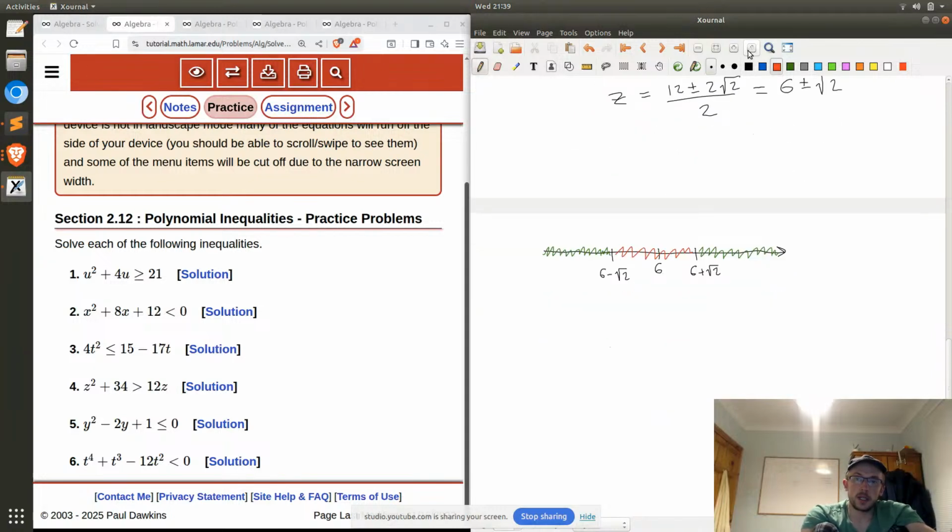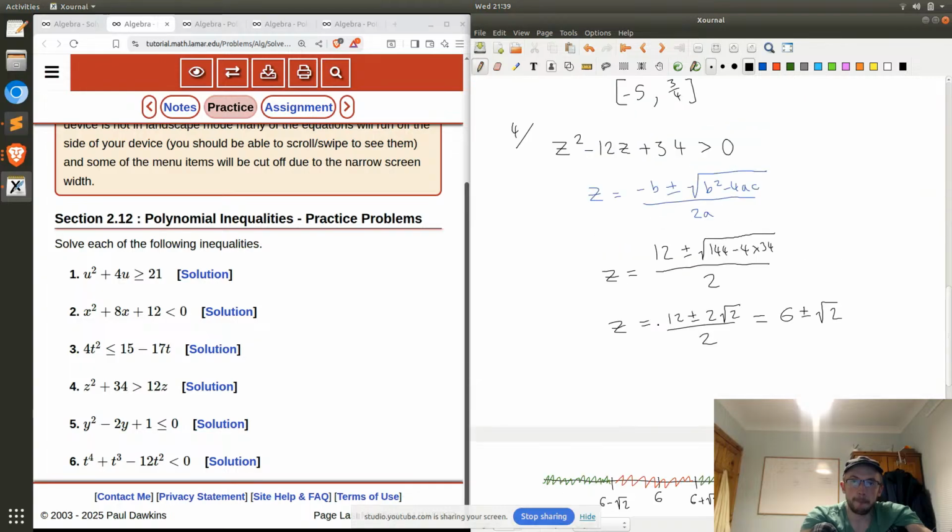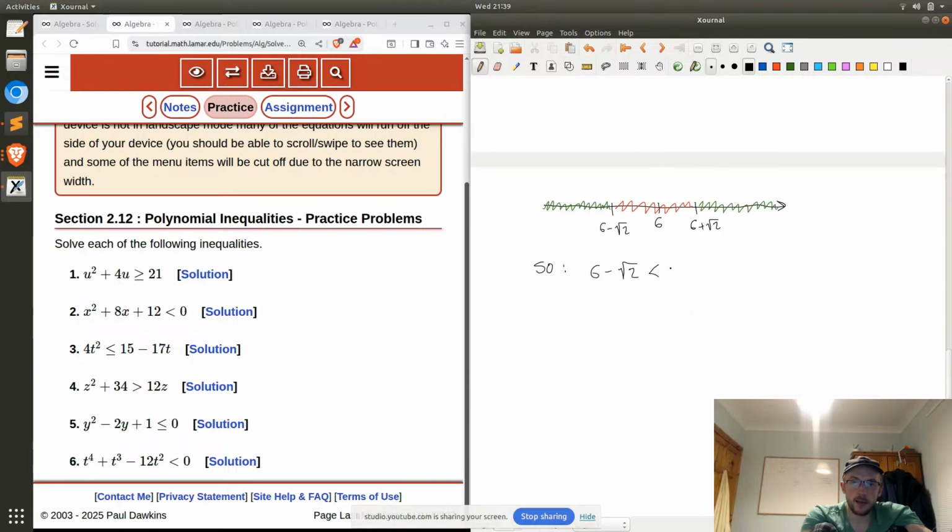Okay, so what's the answer then? What is the actual answer? The answer is z is less than 6 minus root 2, or z is greater than 6 plus root 2.